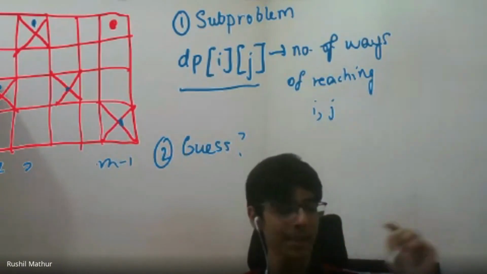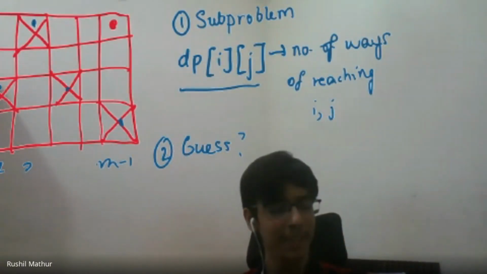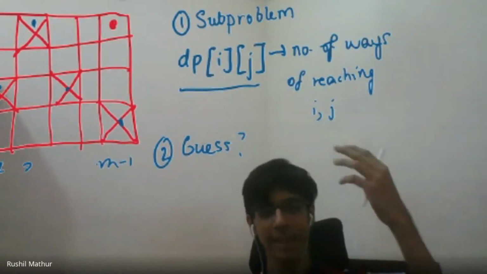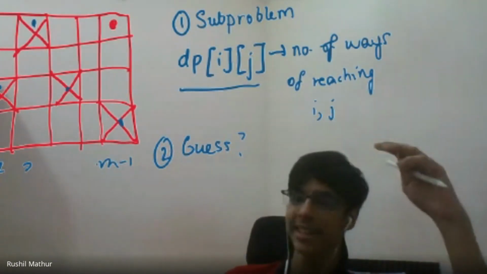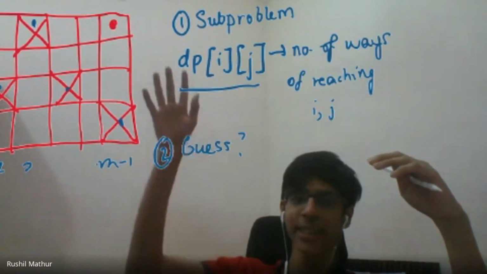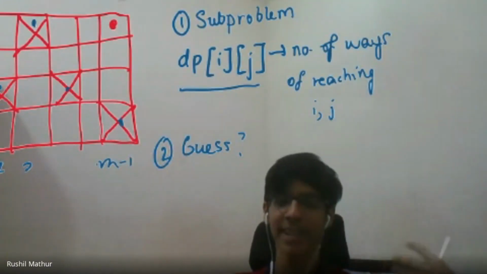It will be the initial point and the point where we want to reach. No, we already have dp[i][j] as from the initial point to this point. What we want is to make a guess that relates dp[i][j] to other dp values.